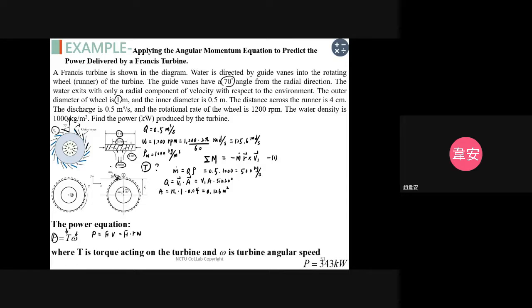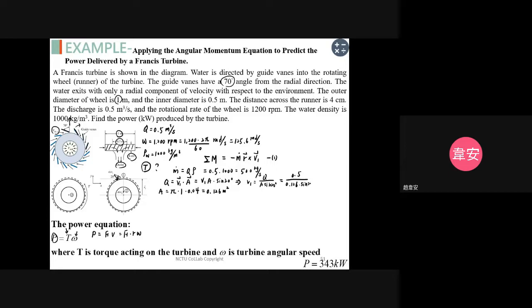The radial direction is parallel with the normal vector of the cross-section area. Based on this equation, the V1 value is equal to Q divided by A sine 20 degrees. And the Q is 0.5, and the area is 0.126.